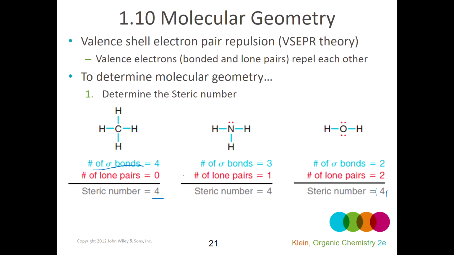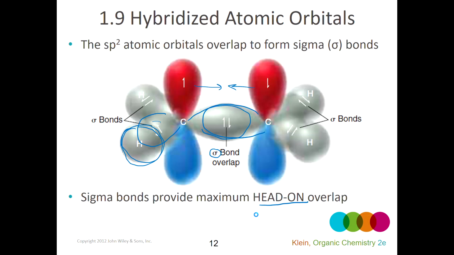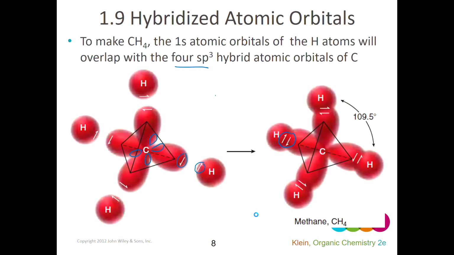What does that mean? Well, the steric number is especially relevant in determining the type of hybridization necessary for the central atom. So when the steric number is 4, there will be some exceptions to this we'll talk about later, but for now you don't have to worry about them. Whenever the steric number is 4, it should be most of the time sp3 hybridized. And what does that mean? Well, we talked about sp3 and we said when something's sp3 hybridized, the atom has this specific shape.